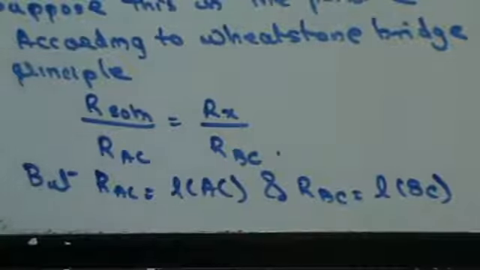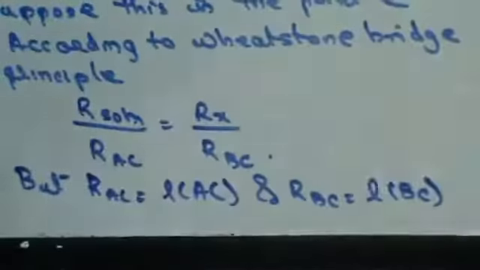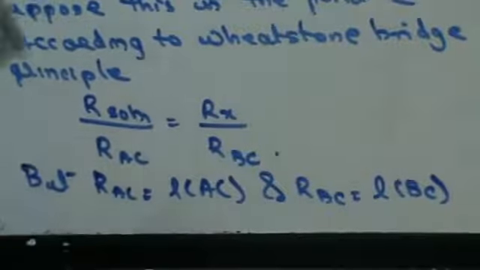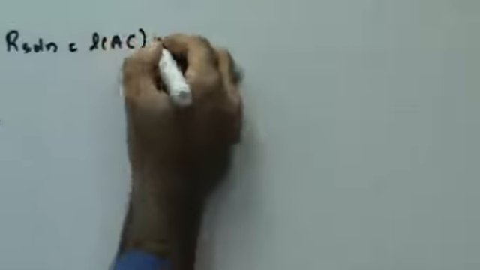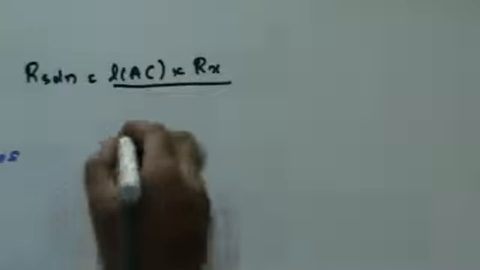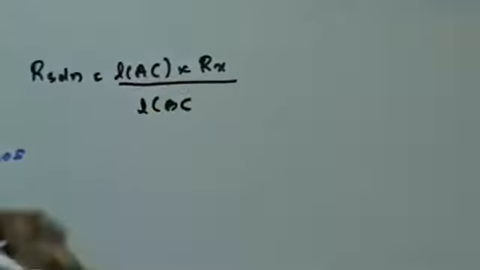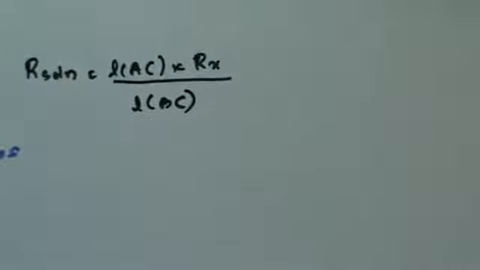In which case I can say that the resistance of the solution is going to be, cross multiplying this, length AC into Rx upon length BC, right? So that's my resistance of the solution.